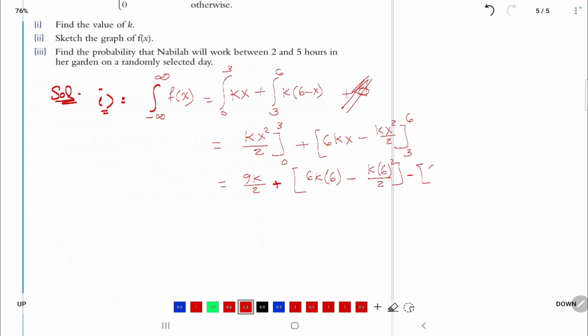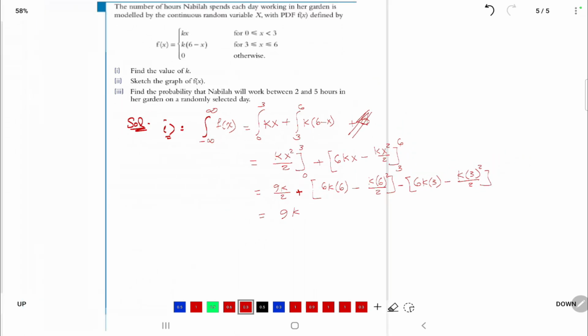So it will be 6k times 3 minus k times 3 squared over 2. After mathematical manipulation, I'll get this one equals 9k. Okay.